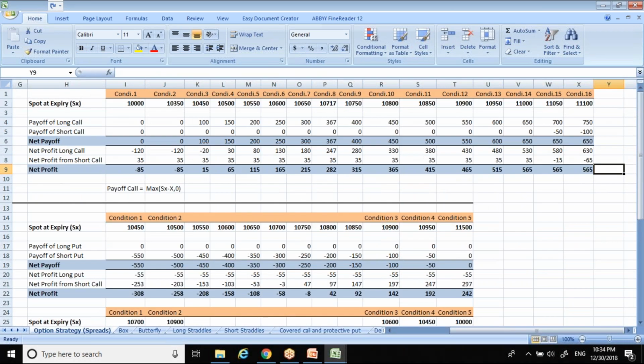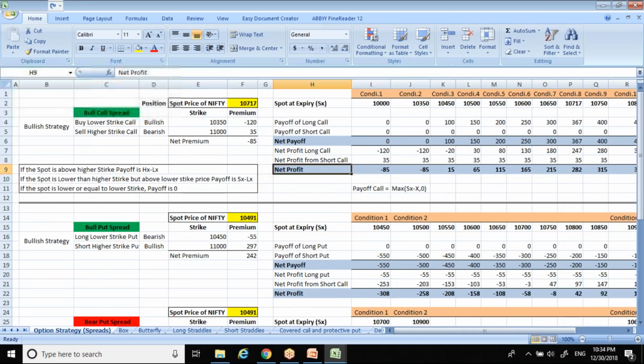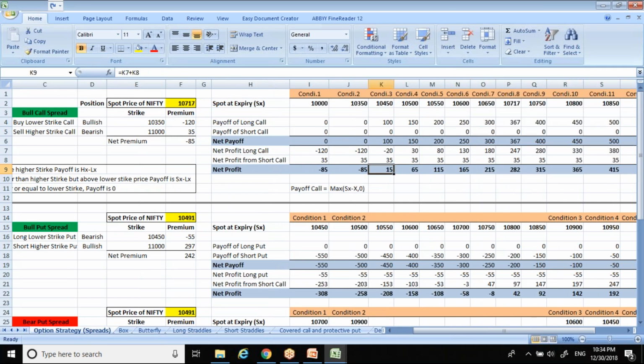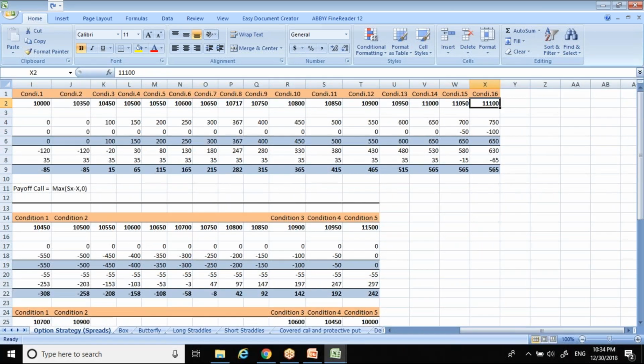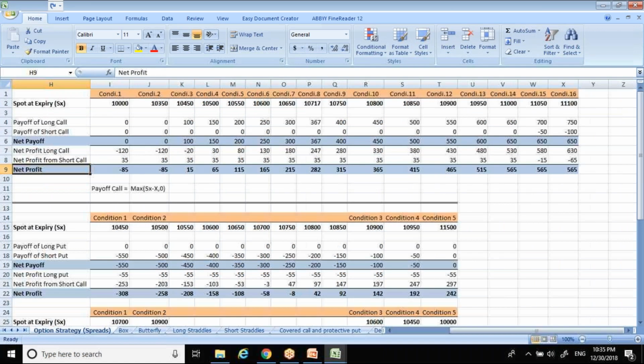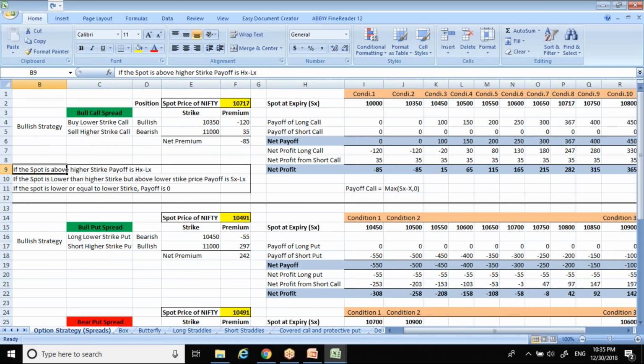So if the price goes up, you have unlimited profit from the call. But there is a problem. After 11,000, you don't have unlimited profit. After 11,000, your profit is locked. So you have a limited profit and limited loss when you get into a bull call spread.